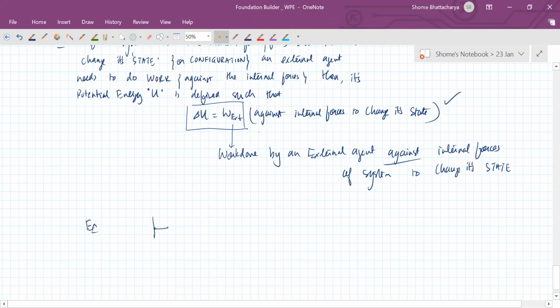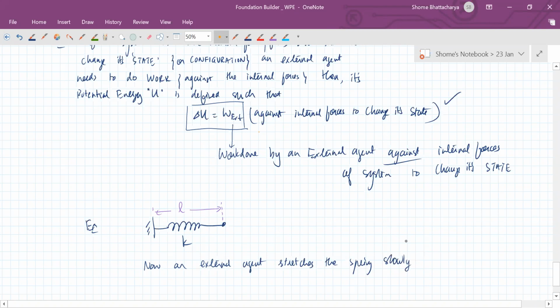Suppose we have a spring which is at natural length state. It is an ideal spring of natural length L. Now, an external agent stretches the spring slowly.